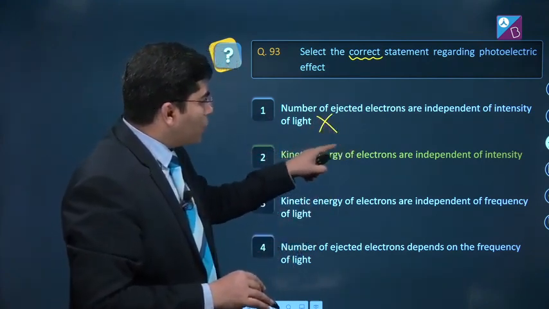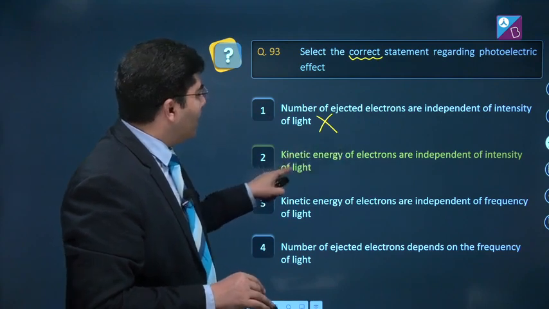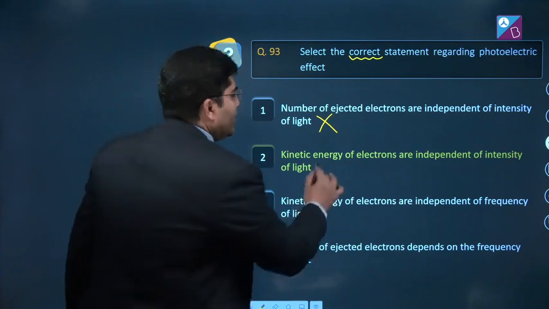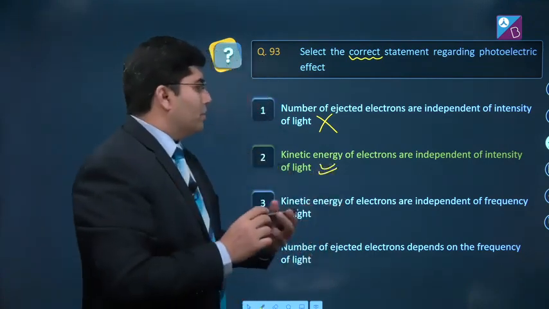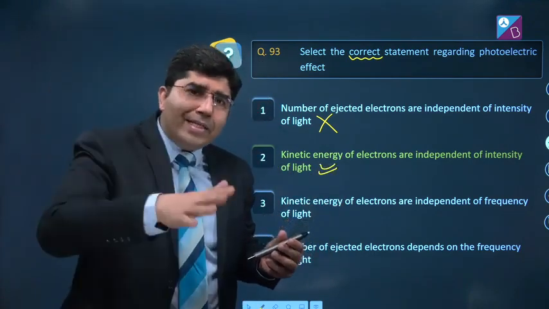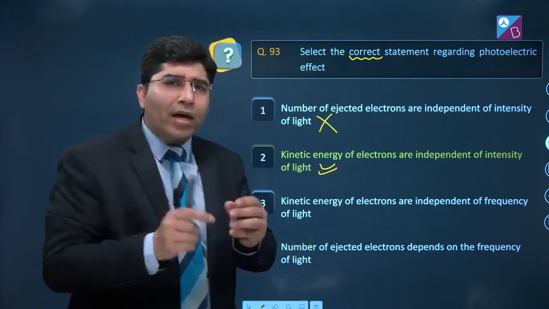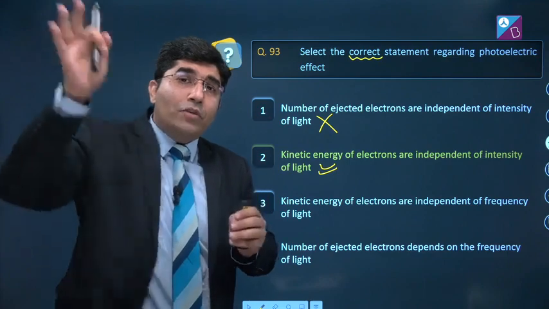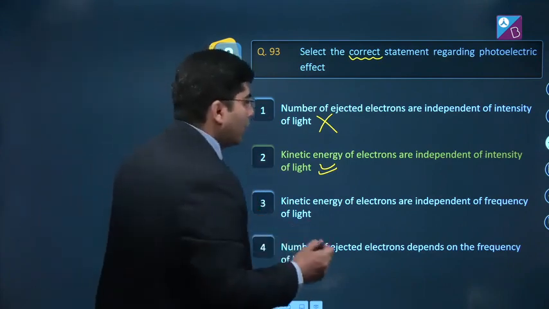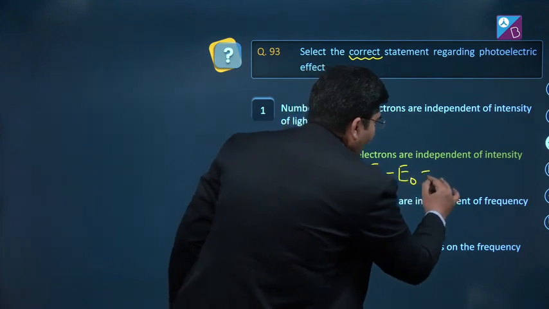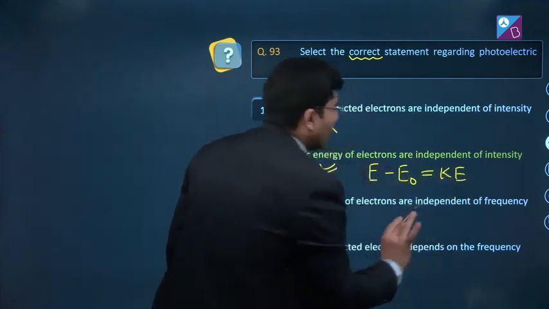Kinetic energy of the electrons are independent of the intensity of light. This is absolutely correct, because if intensity increases, number of photoelectrons will increase, but we are not increasing the energy of the radiation. See what happens, we have the formula E minus E naught, that is equal to kinetic energy, right?